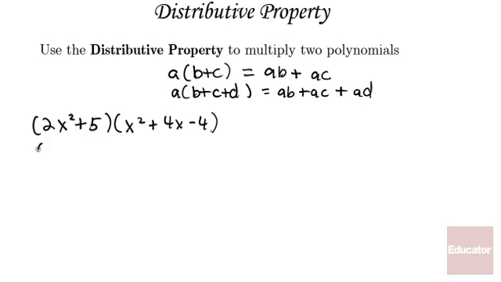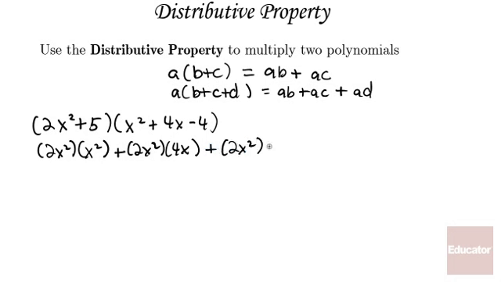Starting with the 2x squared, multiplying that by the first term, x squared, plus 2x squared times 4x, plus 2x squared times negative 4. So the distributive property as usual, it's just we're doing it twice.